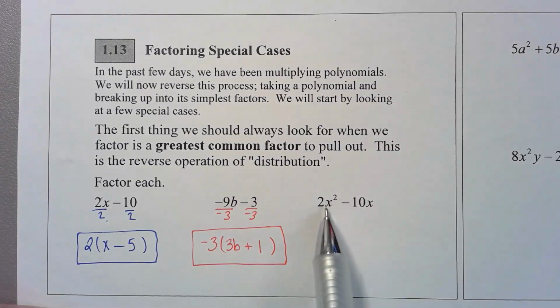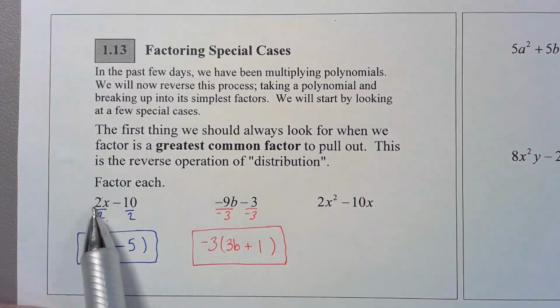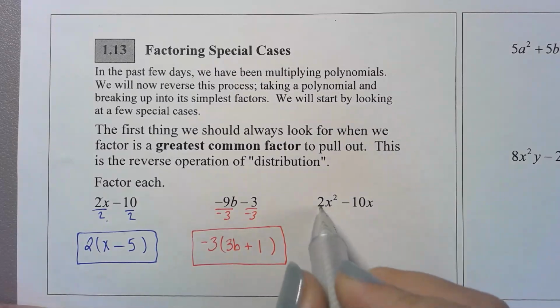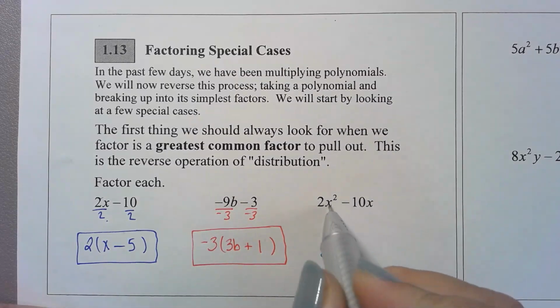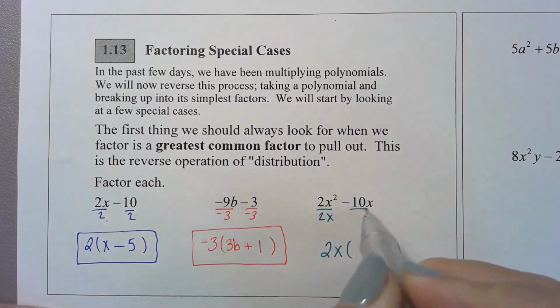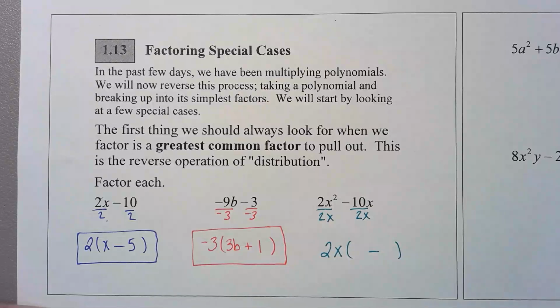Okay, this one actually looks very similar to this one. Look, the 2 and the minus 10, the 2 and the minus 10. But we can see there's a difference in the variables, right? So the 2 and the 10, oh yeah, both terms have a 2. But I also want you to notice that they both have at least one x in them, which means they have an x in common. So let's take out a 2 and an x.